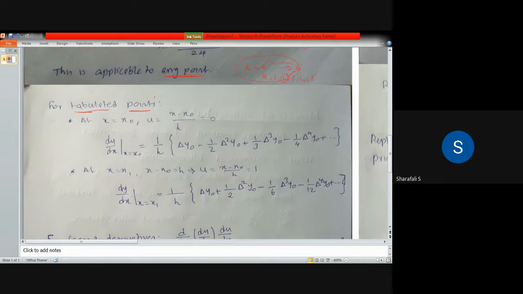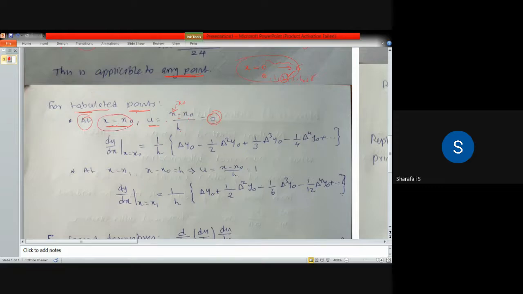For example, consider x equal to x0. At x equal to x0 our u value will become 0, because u equals x minus x0 by h. When x becomes x0, you will get 0. So u will become 0 at this tabulated point.